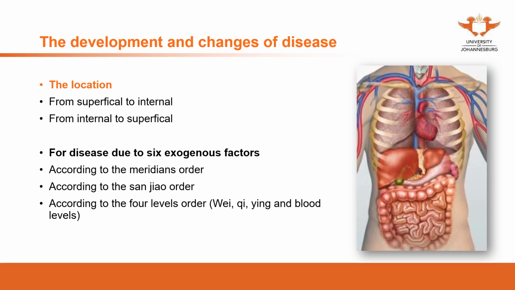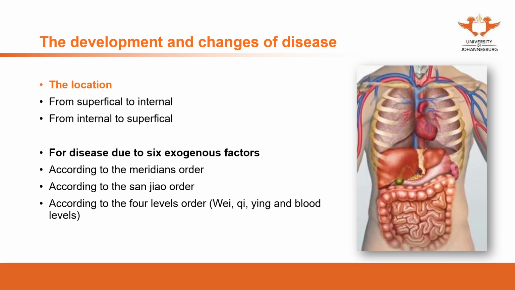We are also going to introduce this in the diagnostics, in the differentiation method. It can develop from one meridian to another, and in this flow, such as from yang meridian to yin meridian, it indicates that the disease becomes worse. If it develops from yin meridian into yang meridian, you can see the disease is recovering.